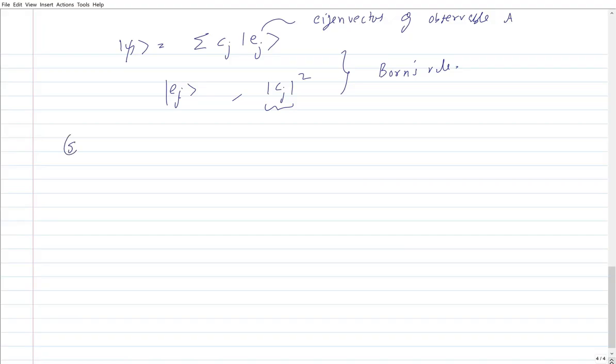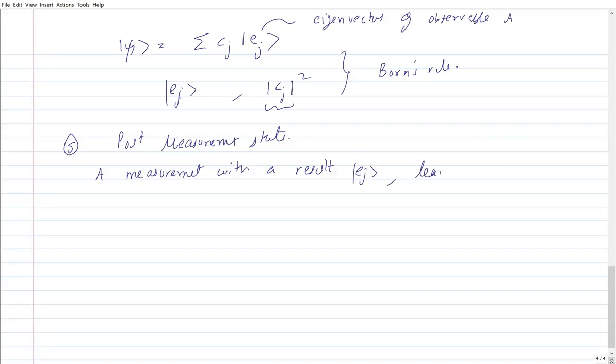What about the post-measurement state? Well, a measurement with the result e_j leaves the system in e_j. That's what I mean when I say that the state has collapsed.